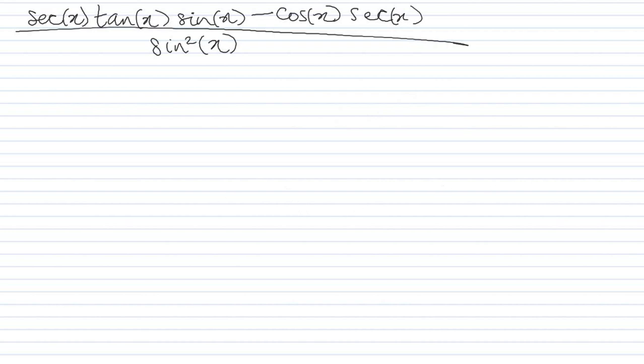Now we're going to go ahead and start the simplification of our work. So now that we have this, what is a way that we can try to simplify this work? Well, one thing we can do is to make every single thing that we have here turn into cosine x and sine x.